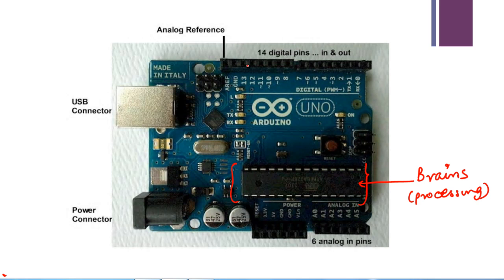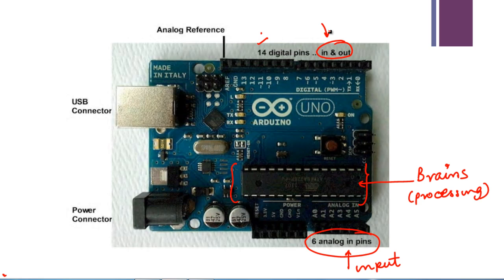And for the microcontroller to communicate with the outside world, the Arduino board gives you 14 digital pins which can be configured as input or output. So there are 14 digital pins. There are 6 analog pins. And these are purely input, whereas the digital pins are both input and output.